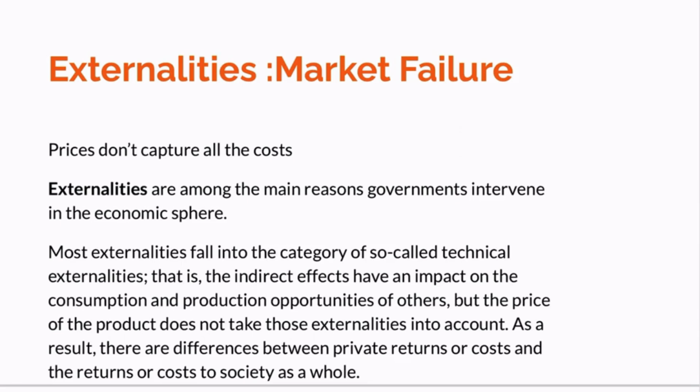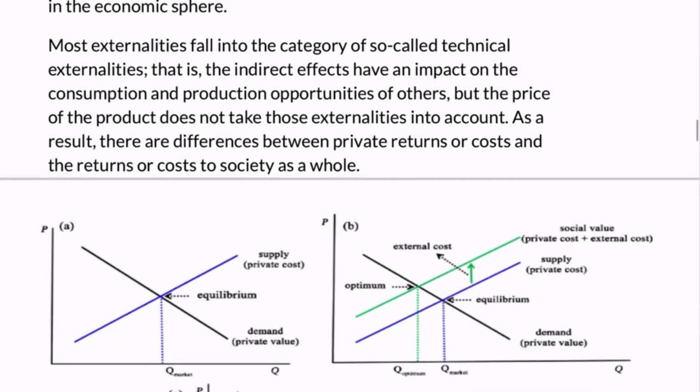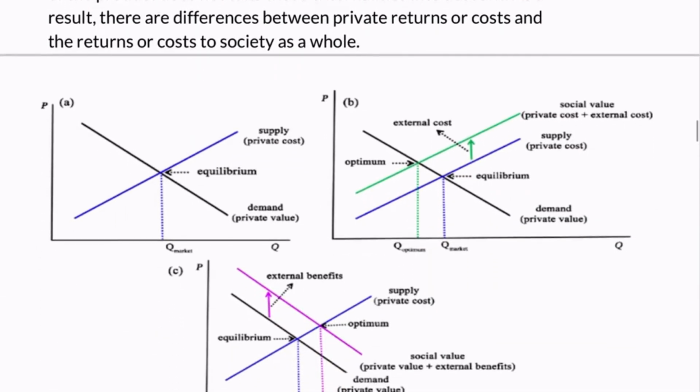If prices do not capture the cost, and that is because of externalities, we need to understand what exactly happens. Why are the prices resulting in the distortion of the market, or why is the market not giving us the socially desirable outcome? In order to understand why the market is failing, we need to look at these three graphs.